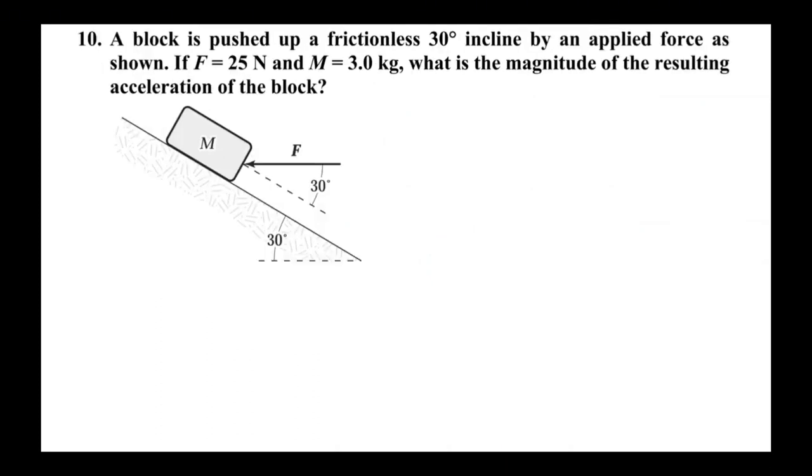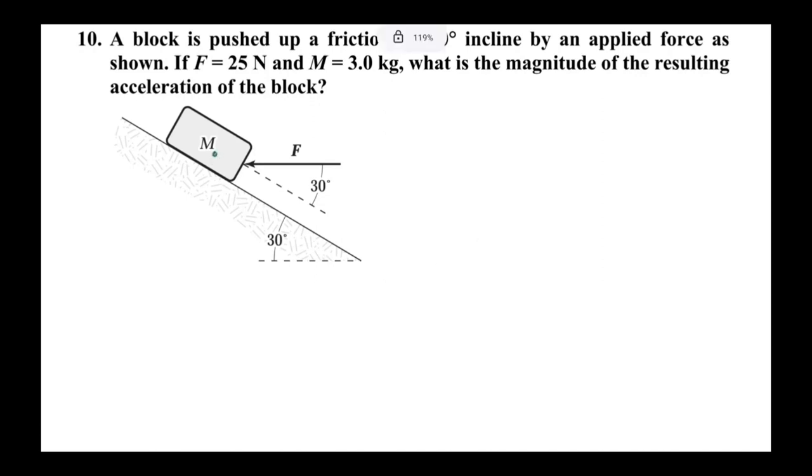A block is pushed up a frictionless 30 degrees incline by an applied force as shown. If F equal to 25 newtons and M equal to 3 kilograms, what is the magnitude of the resulting acceleration of the block? Now to solve this situation here, let's draw the free body diagram.